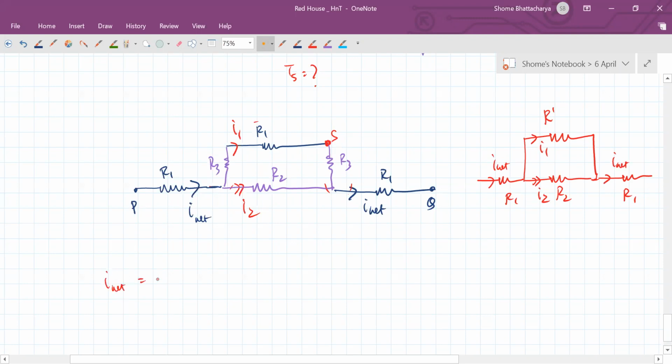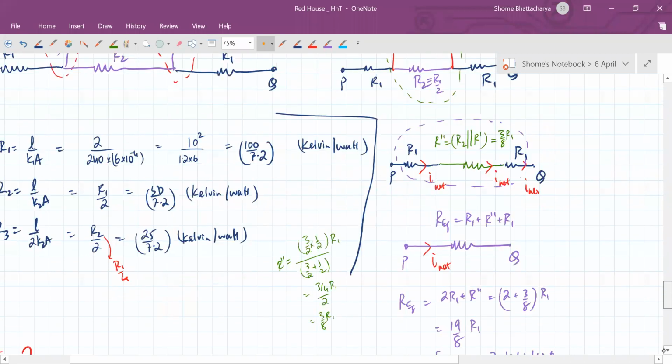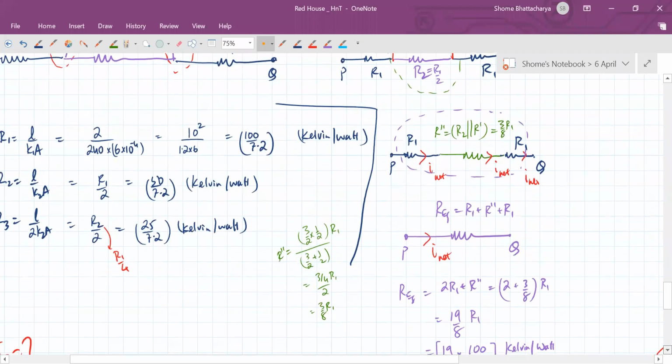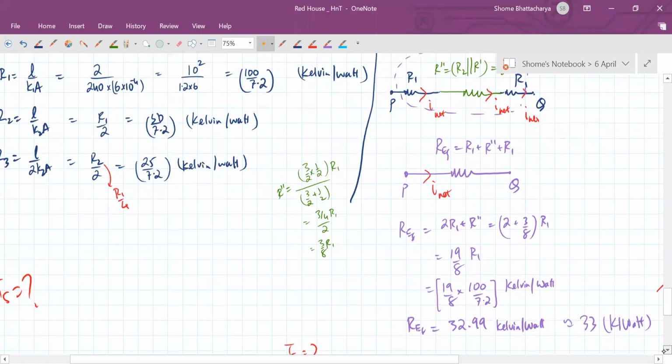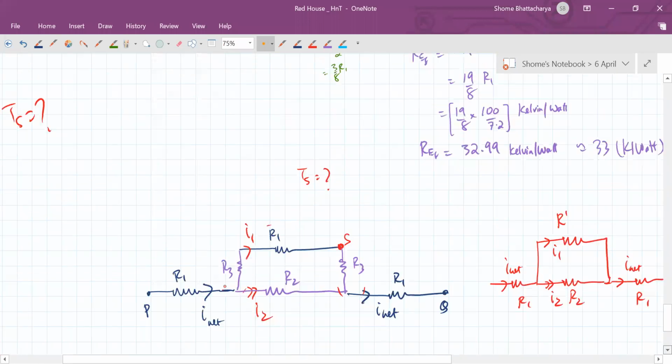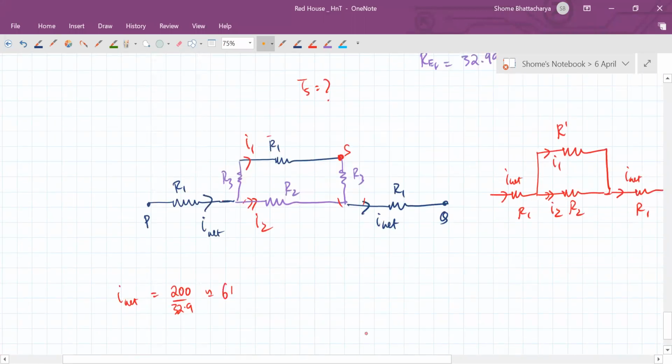Okay, I net's value is 200 upon 32.9 or approximately 6 watts.